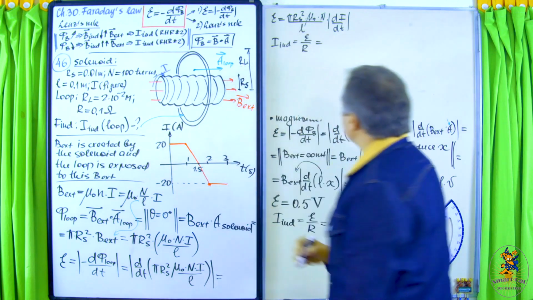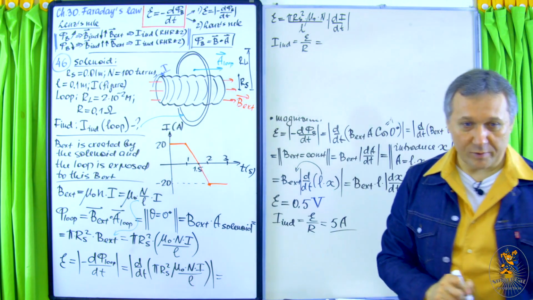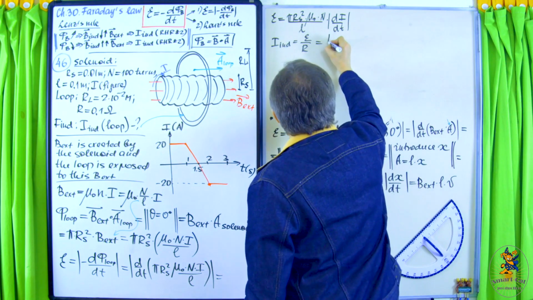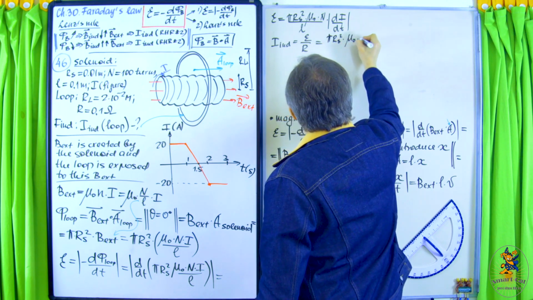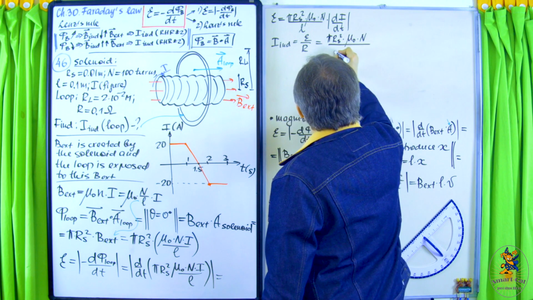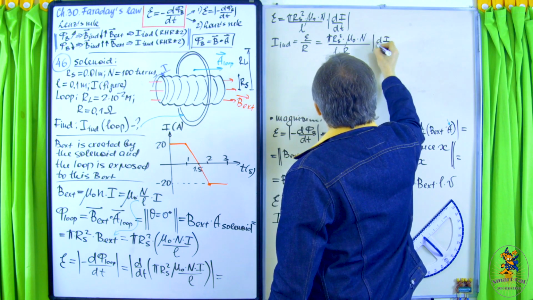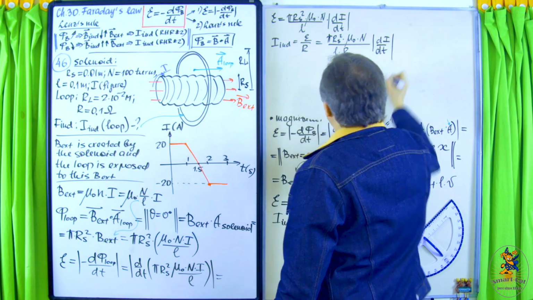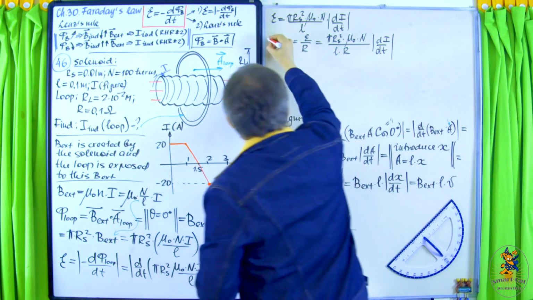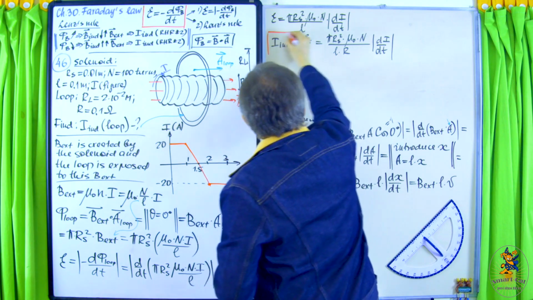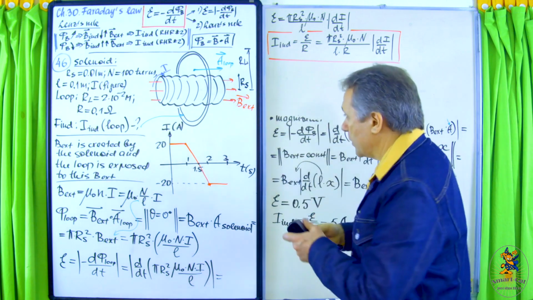So I just rewrite all that with resistance in the denominator. So it will be pi r solenoid squared mu naught times n divided by L times R, and the rate of change of the current. Let me frame it because it's basically a formula which we derived for this particular problem.